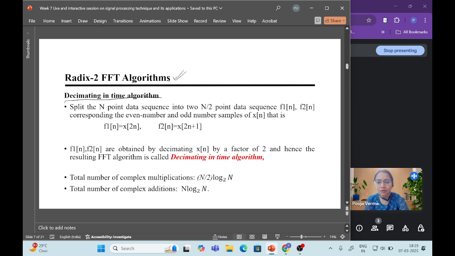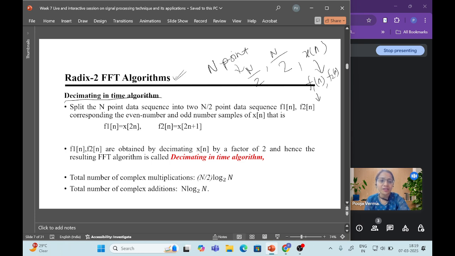So what we are doing here in decimation in time: if we have an N point data sequence, that N point data sequence can be divided into two parts. Let's say we have a data sequence x of n, then we split this data sequence into two forms, that is f1(n) and f2(n).